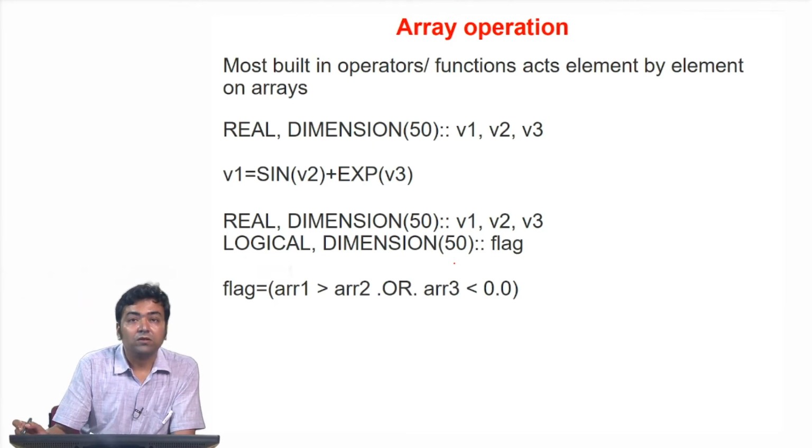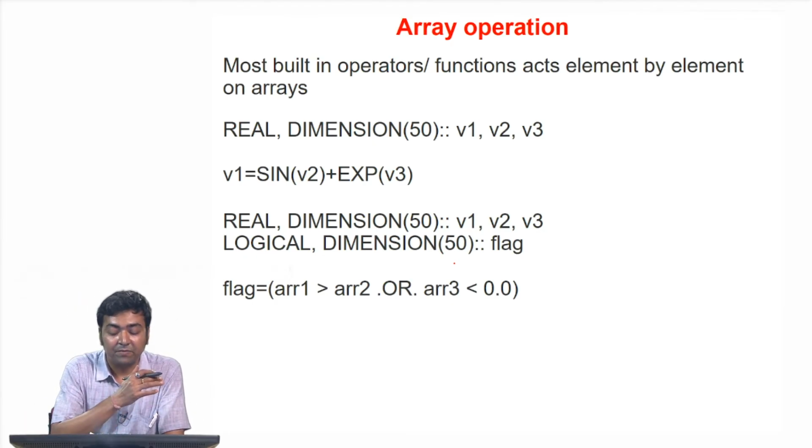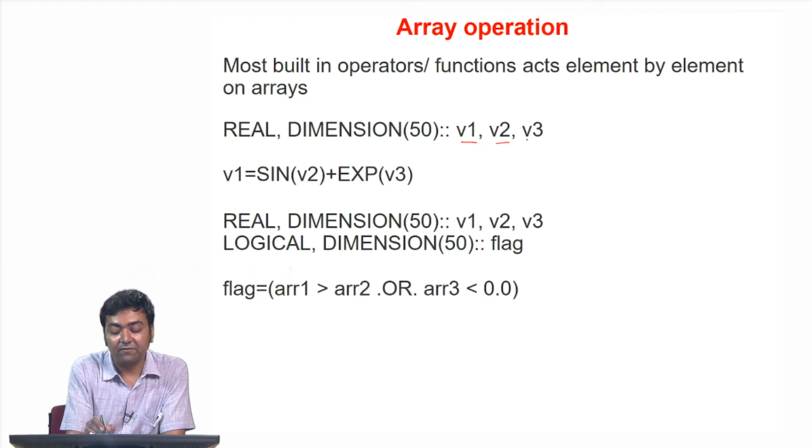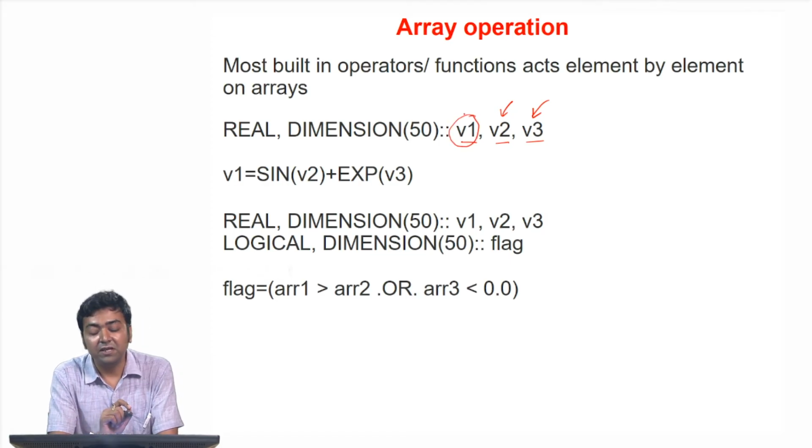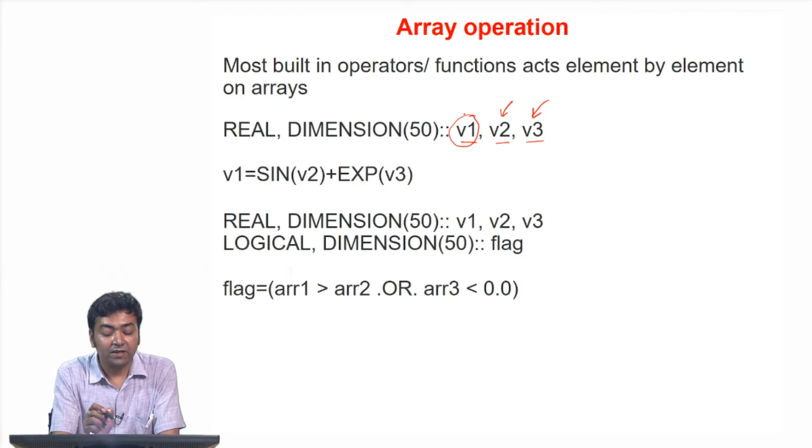One can also do operations, instead of using a do loop, if one tries to do the same operation on all the elements of the array. For example, suppose here I have 3 arrays V1, V2 and V3. I know the array elements of V2 and V3, and I want to create a new array V1 in which each element contains the sine of the corresponding element in V2 plus the exponential of the corresponding element in V3.